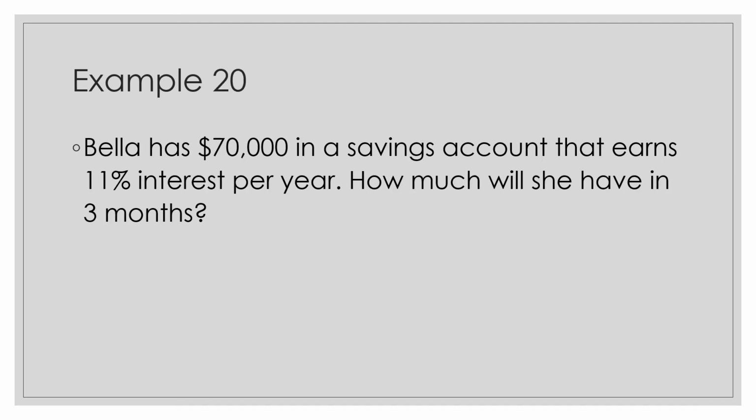Bella has $70,000 in a savings account that earns 11% interest per year. How much will she have in 3 months? So again, we're using our formula of I equals PRT. So we're solving for the interest. The principal amount that she has put in her account is $70,000.